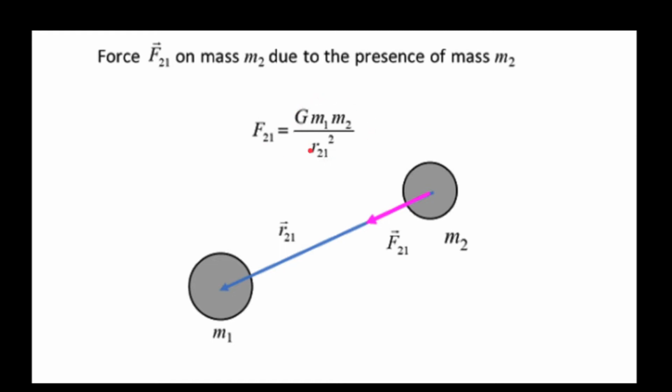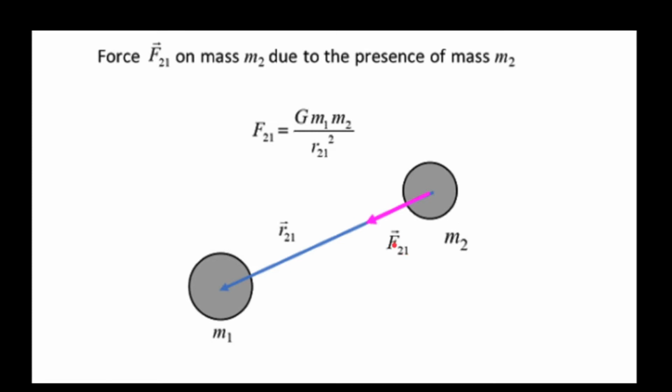The same force applies to the first mass and the second mass. The directions are opposite. Forces are equal and directions are opposite. So M1, M2. For example, in this notation, the force on M2 is defined as the force on 2 due to mass 1.